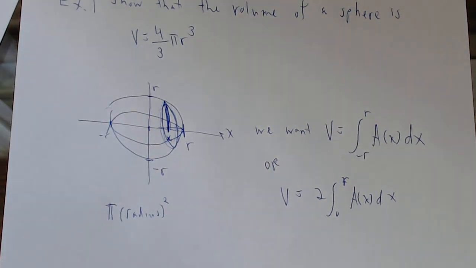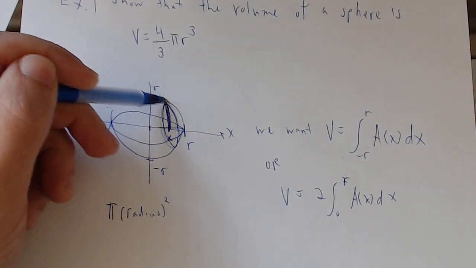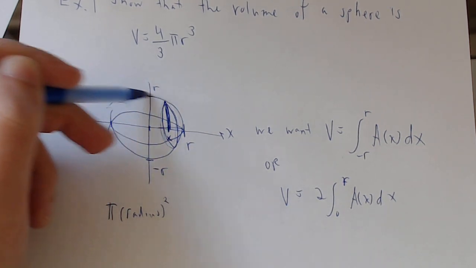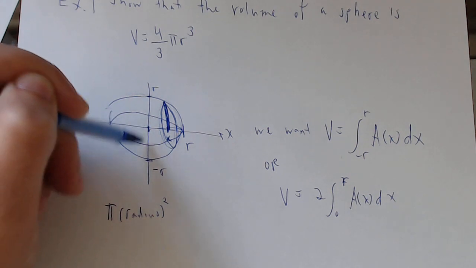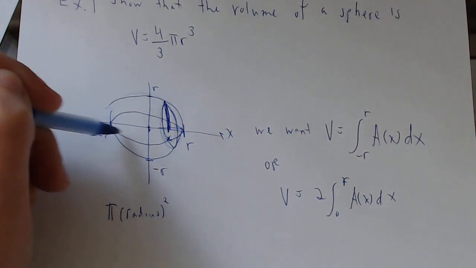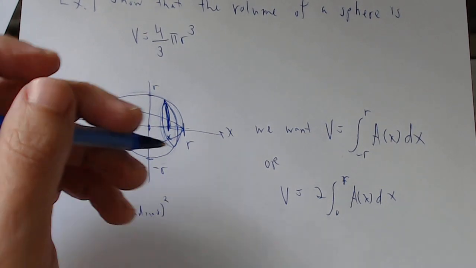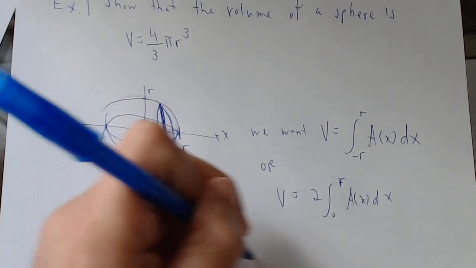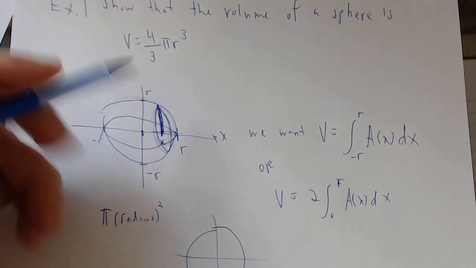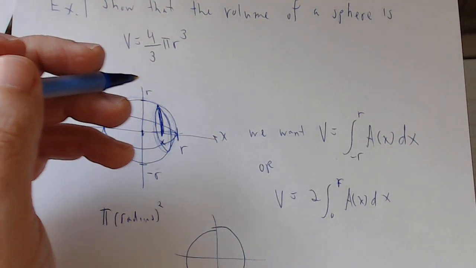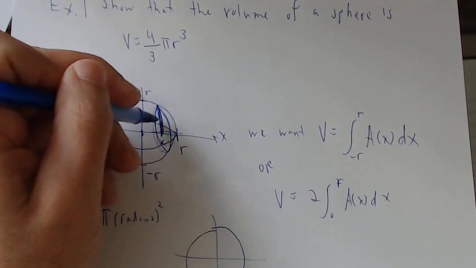Okay, and so how would I find the radius of the circle? Well, what's the good news? Notice how the radius of the circle starts from the x-axis and ends on this circle. And we already know how to find the equation of a circle centered at the origin with a radius of r. If I were to draw this separately, notice this is the cross section, which gives me the radius of that circle.